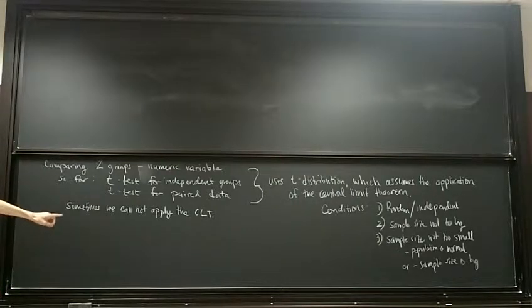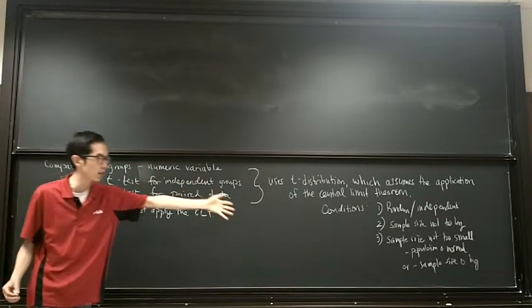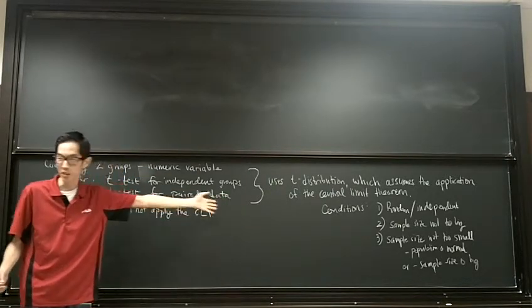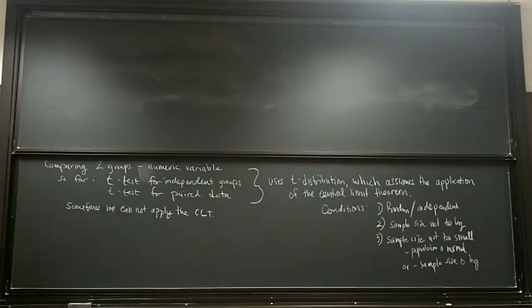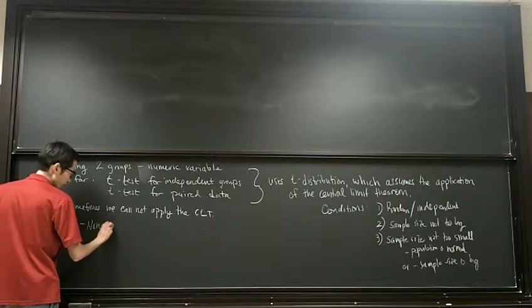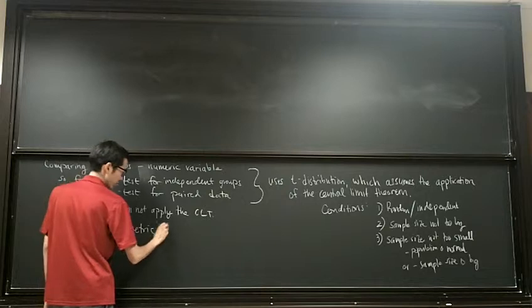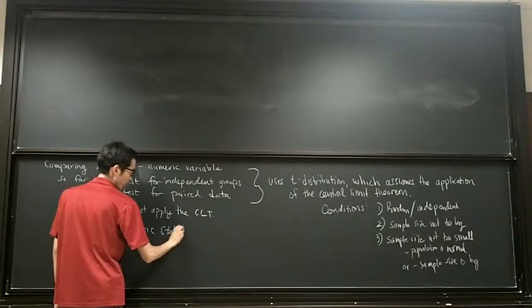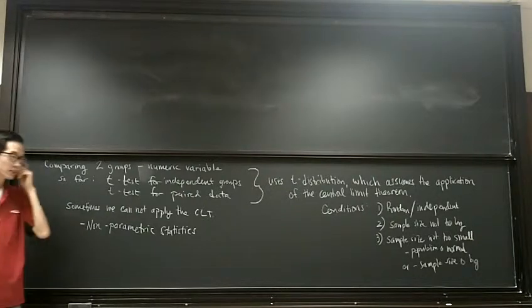Okay. So sometimes we can't apply the central limit theorem. These conditions aren't met. So there's a whole branch called non-parametric statistics.